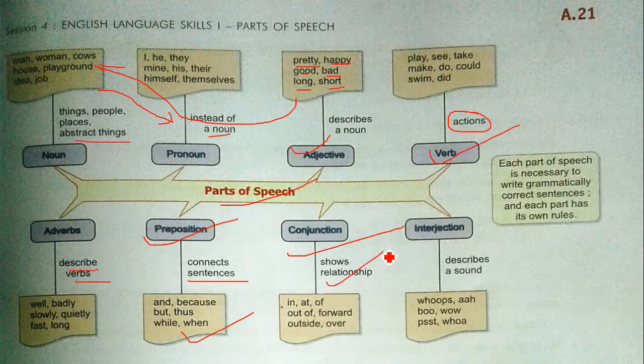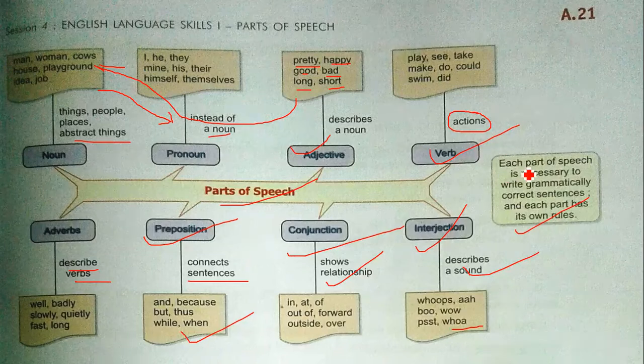Interjection describes a sound, like oops, ah, boo, wow, wah. These are the interjections that describe sounds. Each part of speech is necessary to write grammatically correct sentences, and each part has its own rules.